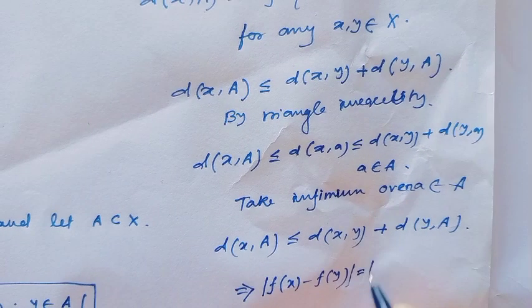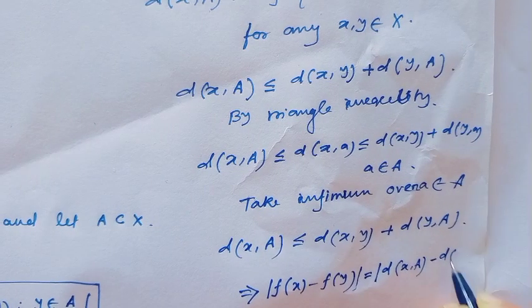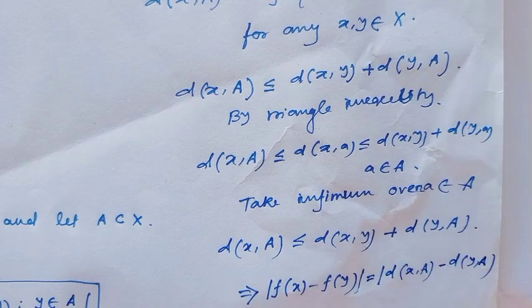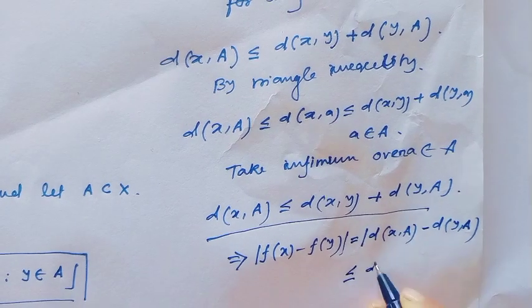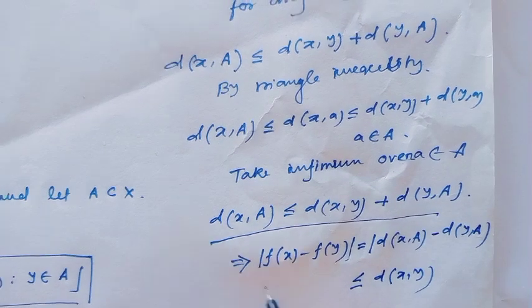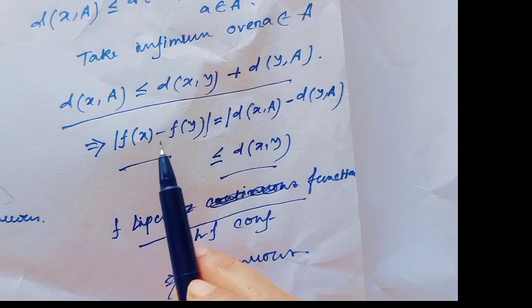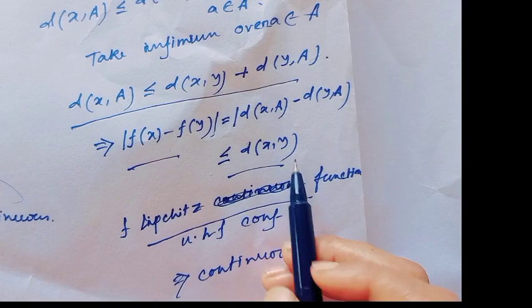Obviously this means d(x,A) minus d(y,A), and by this inequality this is less than or equal to d(x,y). Notice that |f(x) - f(y)| is less than or equal to |x - y|.